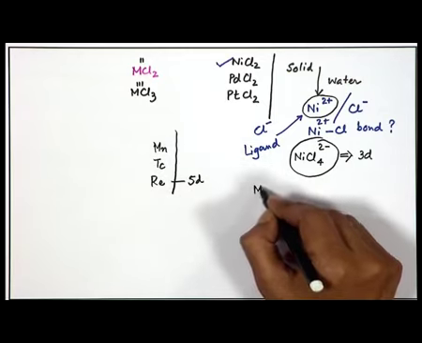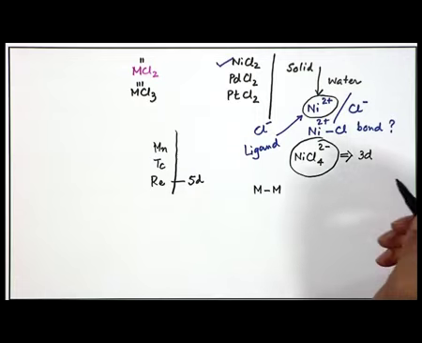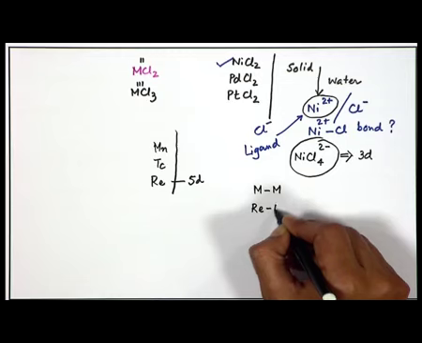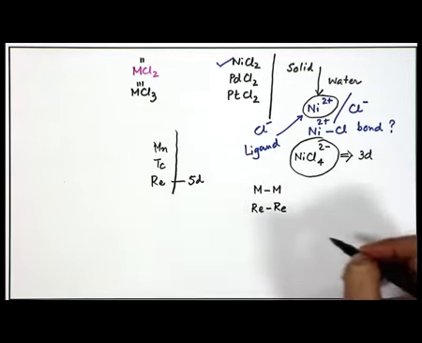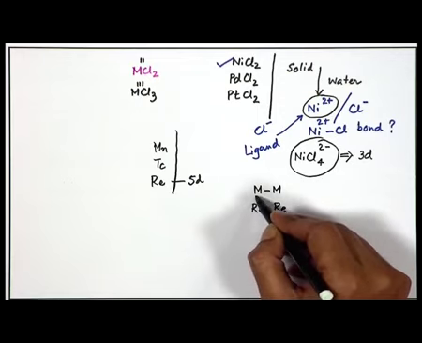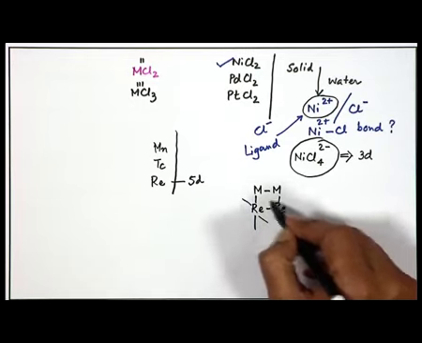Here we can consider that in the discrete metal compound we can have the metal-metal bond. That means, in the discrete compound we can have a rhenium-rhenium bond, we do not know how many, but you can have the interaction, and we see that the chlorides are bound like this.